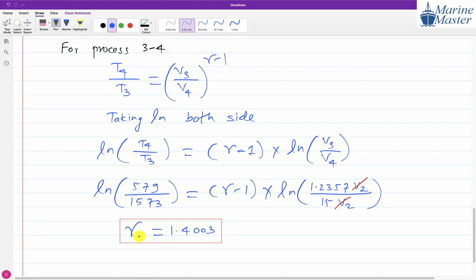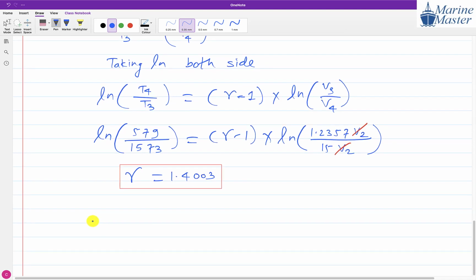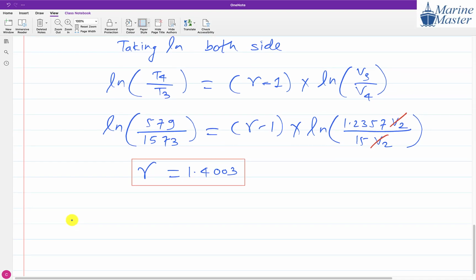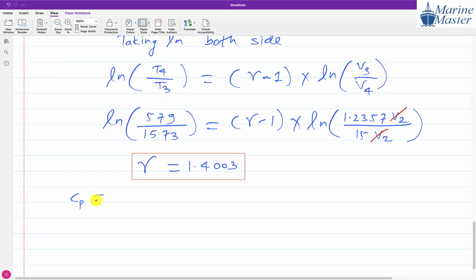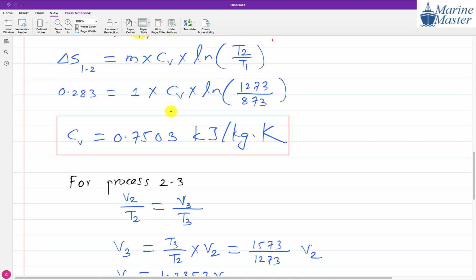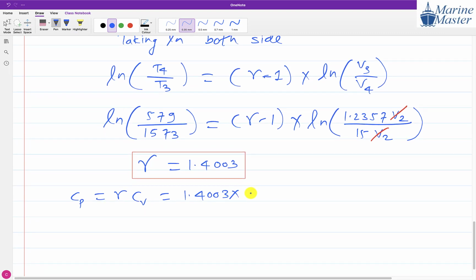So here we got the value of gamma. Then Cp will become gamma Cv. Gamma is 1.4003. Cv we just now calculated 0.7503.